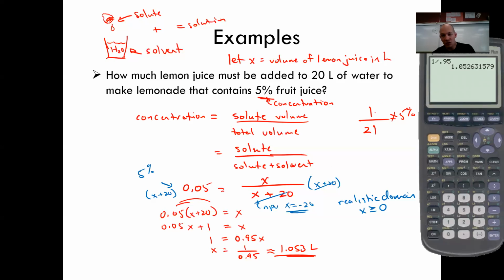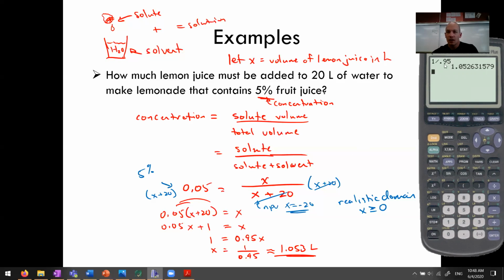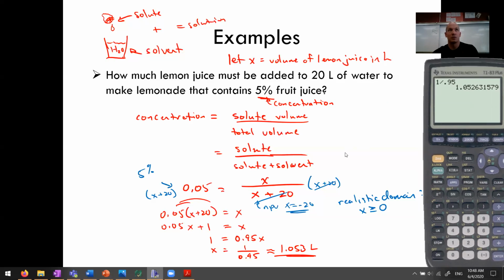So by adding just the right amount here, we wind up getting exactly 5%. Don't fall into the trap of thinking it's really simple and obvious. Don't let your intuition trick you.